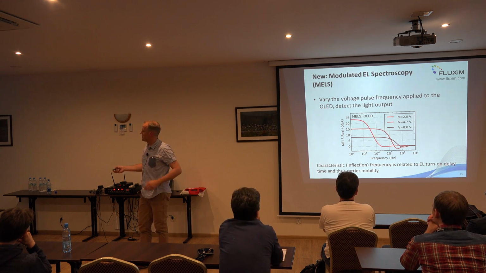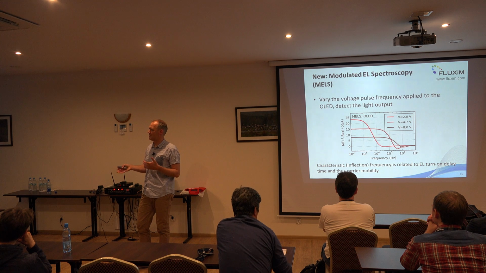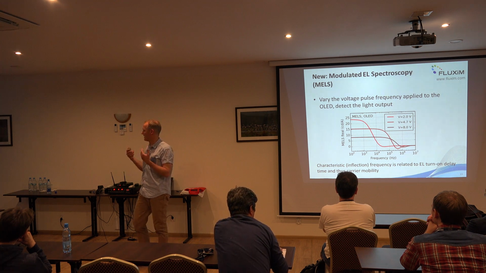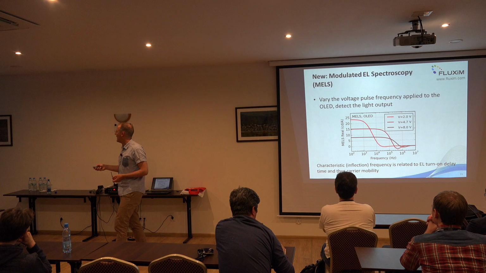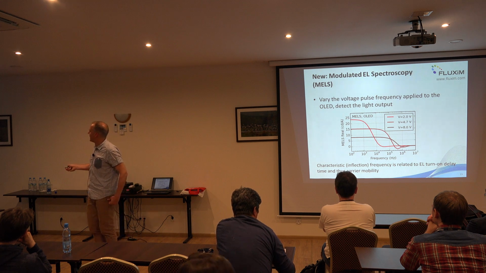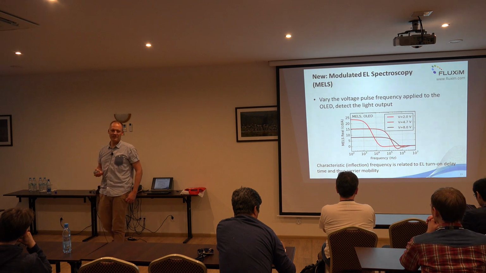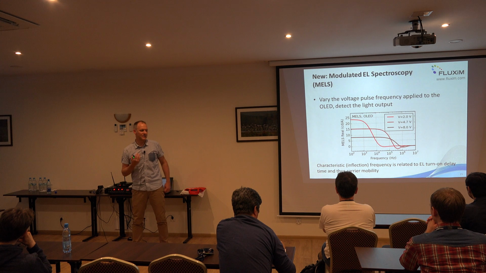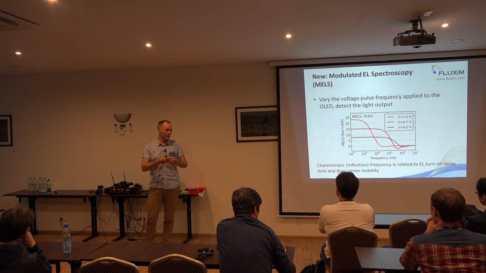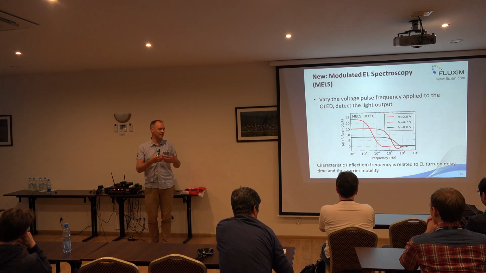This is also a complex quantity. Instead of looking at the complex current, we can look at the complex light output, and we see that there is a certain characteristic frequency above which we don't see light output.